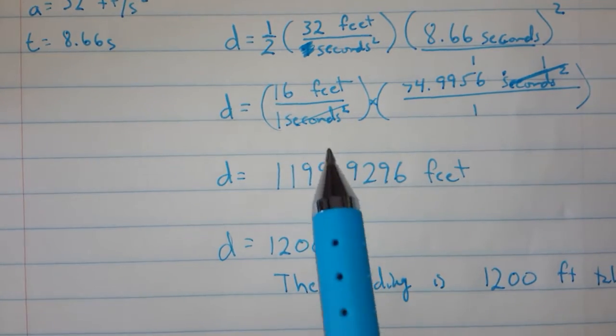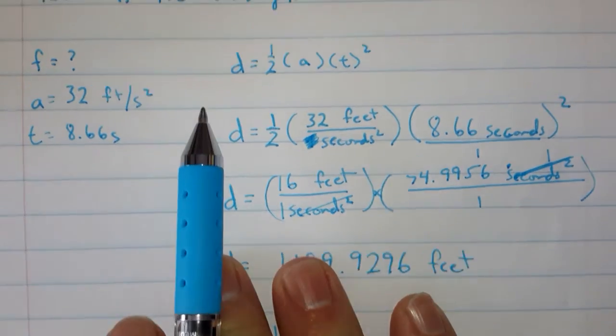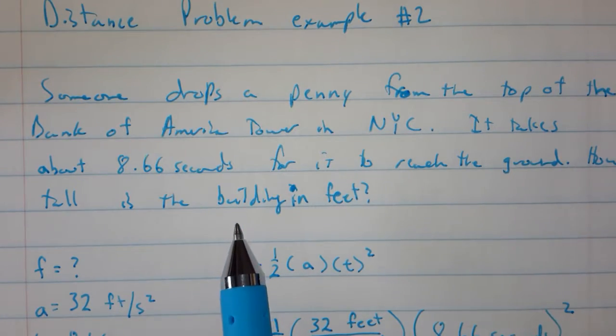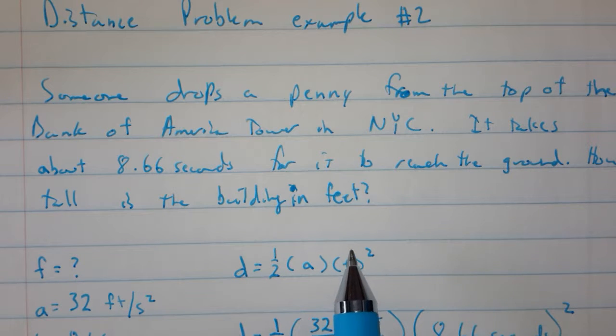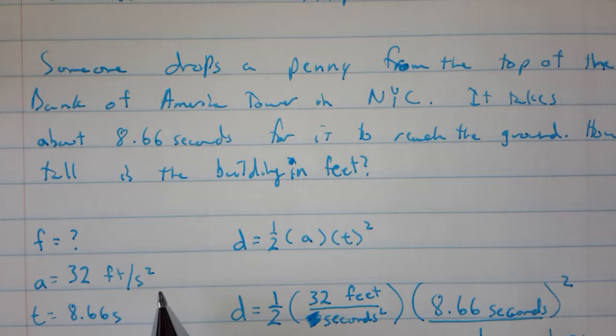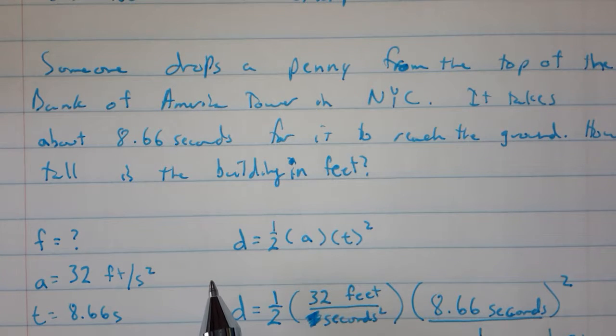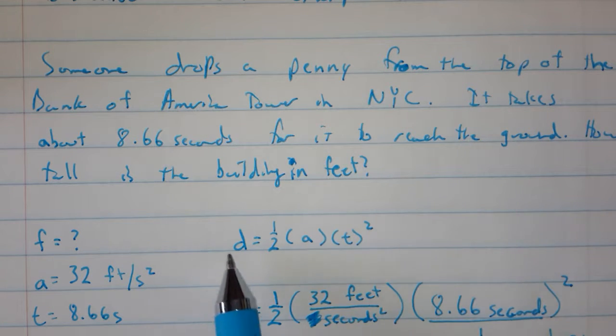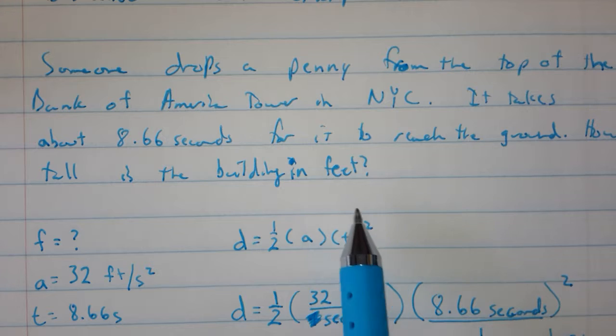So let's just go over this one more time. The first thing that we do, read the problem and determine what kind of information we have and what kind of information we need. It's a free fall problem. Any free fall problem is going to be that 32 feet per second or 9.8 meters per second, like we used in the last problem. So we write down the equation that we need. You should be able to find that on our cheat sheet.